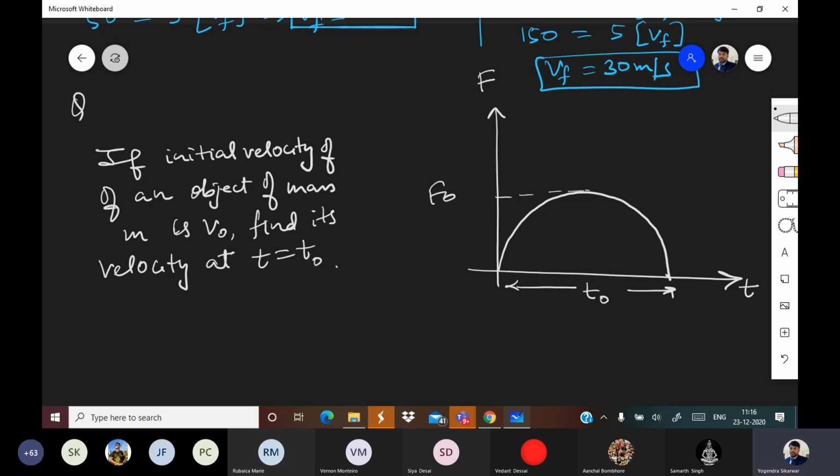Gargi is saying pi t naught plus 2m v naught by 2m.